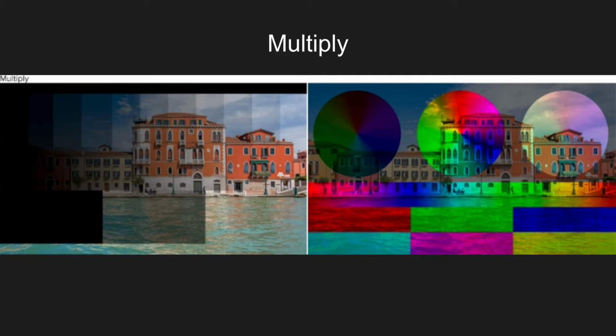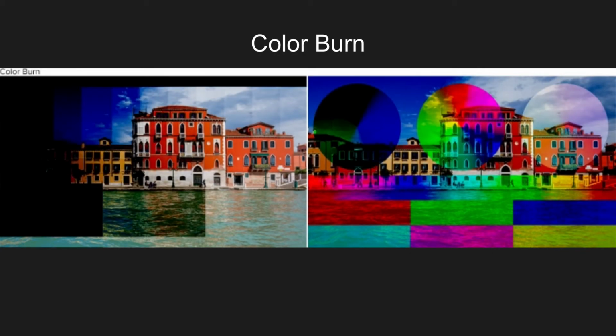Multiply is really great. The next one is called color burn. The color burn blending mode gives you an even darker result than the multiply by increasing the contrast between the base, which is the image, and the blend, which is either the value or this color on top, resulting in highly saturated midtones and reduced highlights.